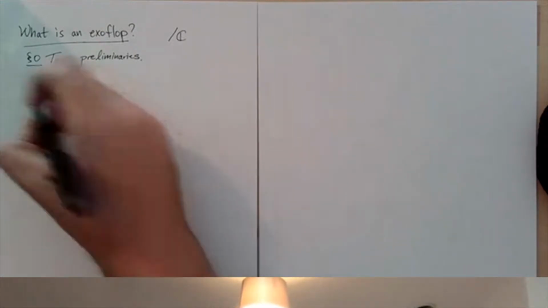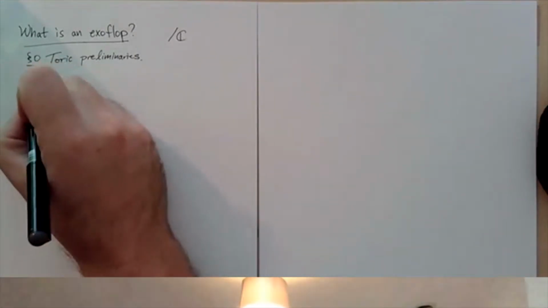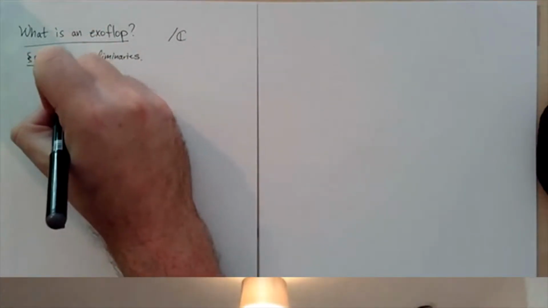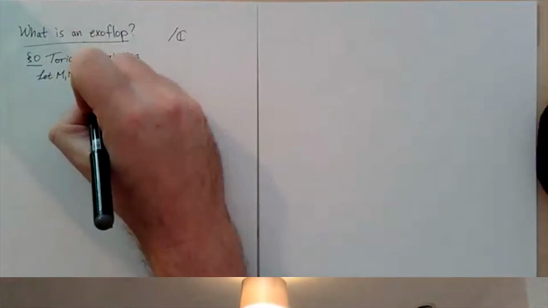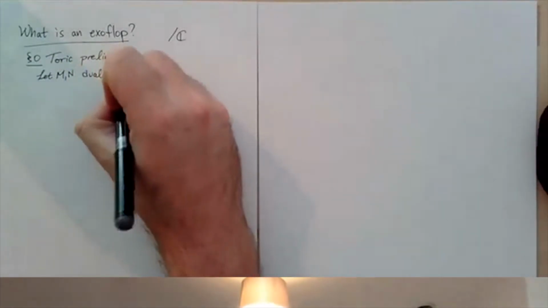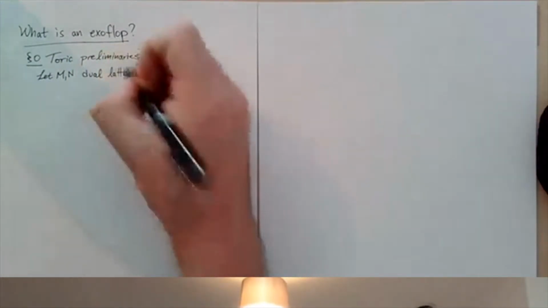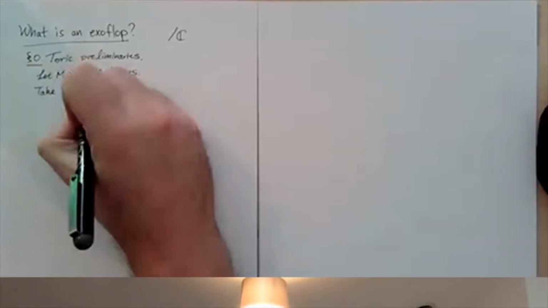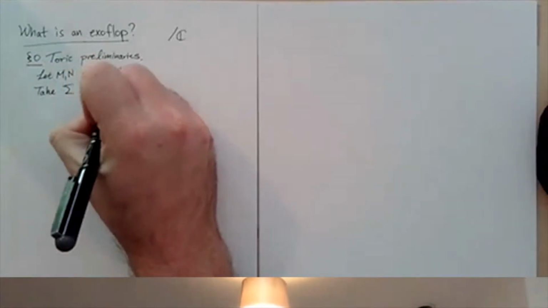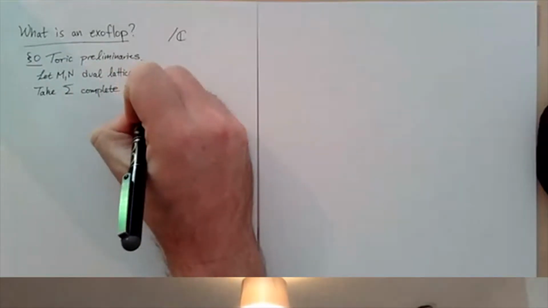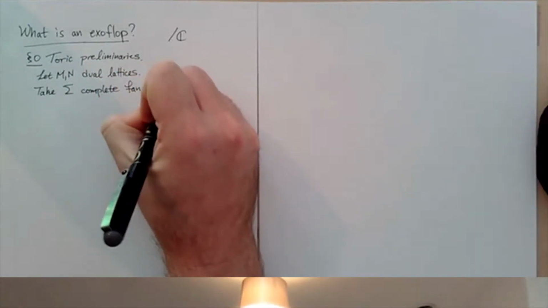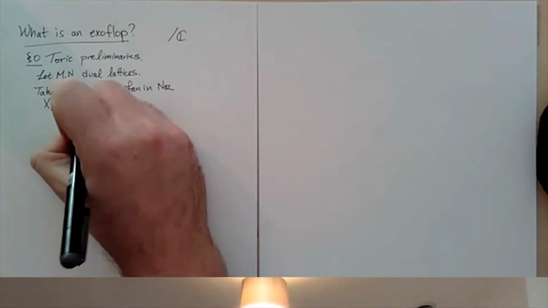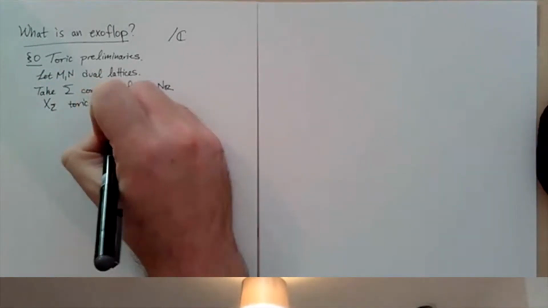All right, so as any toric geometer, I'm going to start with M and N being dual lattices. And then I'm going to take sigma to be a complete fan in N_R. And I'm going to assume that the toric variety associated to it is projective.